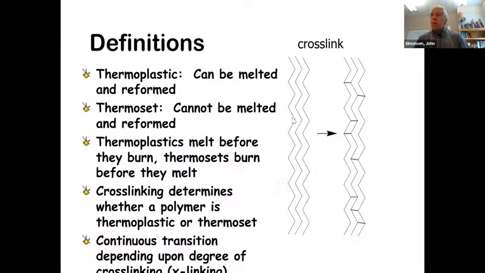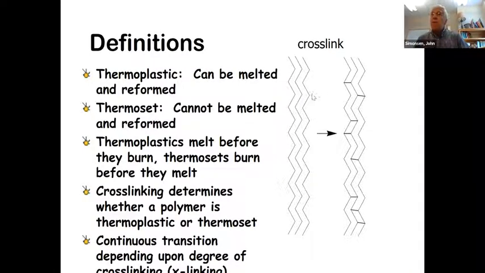So if this is the polymer chain, right? There's 3 polymer chains here, and they're not connected. So there's secondary forces. There's van der Waals forces. There may be hydrogen bonds, etc., but they're not covalently bonded. If you go through an operation or a chemical reaction where you start putting chemical bonds between these polymer chains, then all of a sudden they're all connected and they have to move all together.